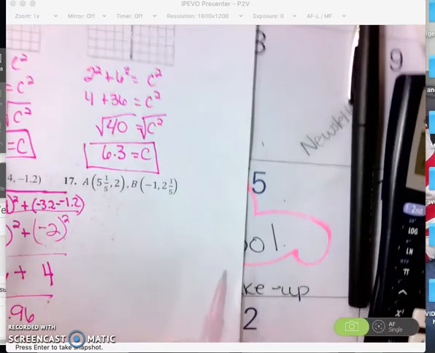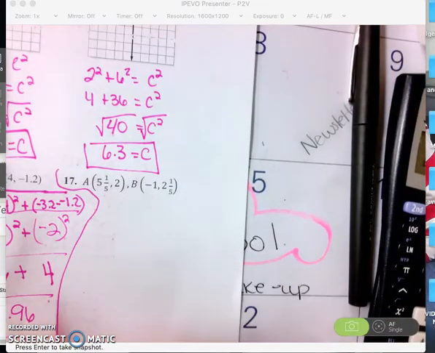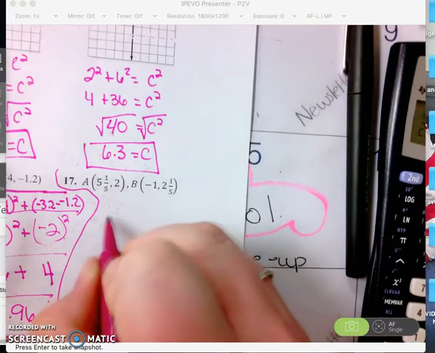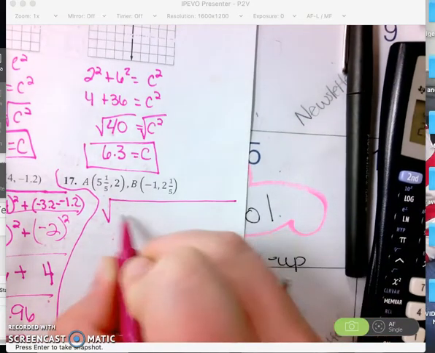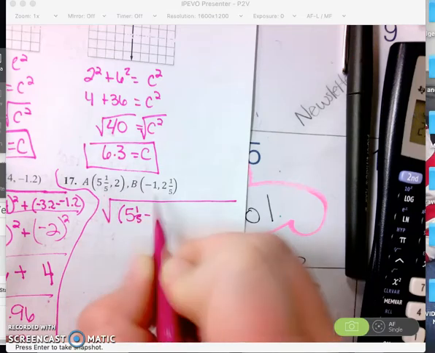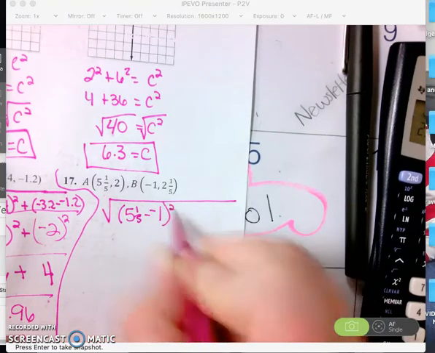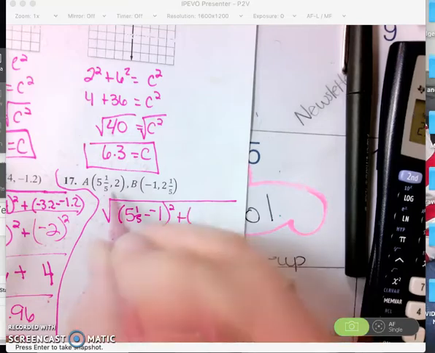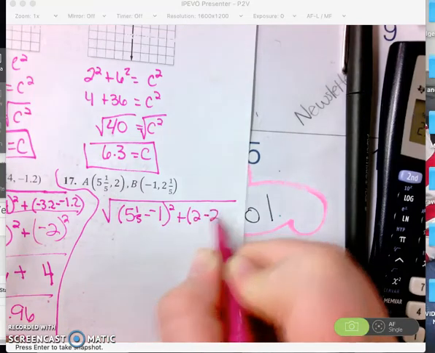Okay, so our last one, we have, remember, square roots, 5 1/5, subtract a -1, 2, subtract 2 1/5.